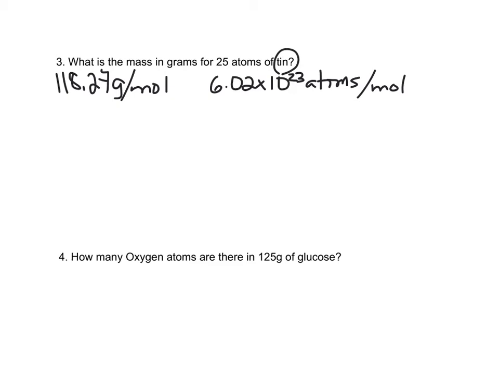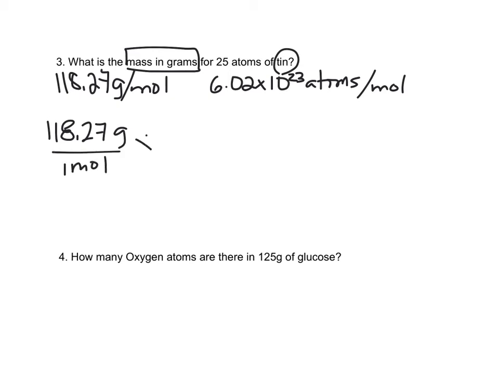So we've got 25 atoms, but we want grams, mass in grams. So the first number or value that we need to use has to have grams in it, and grams has to be on top. So we're going to use the molar mass first. So there we go, 1 mole multiplied. Now, use that, can't use it again once you've used it. The next ratio has to have moles in it, and we want moles on top.